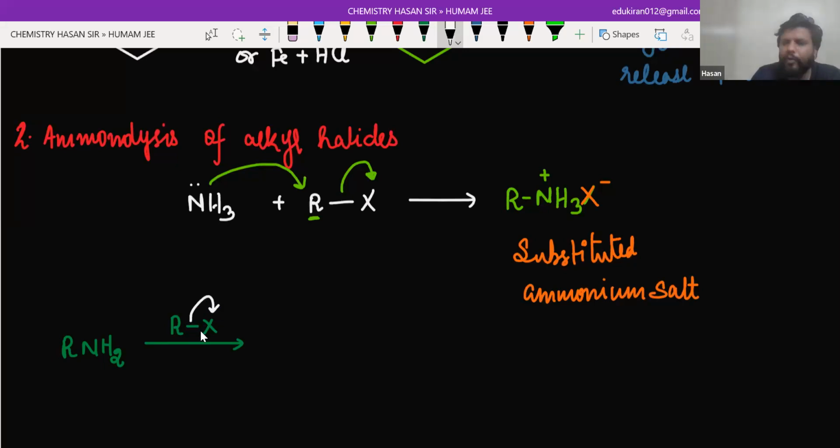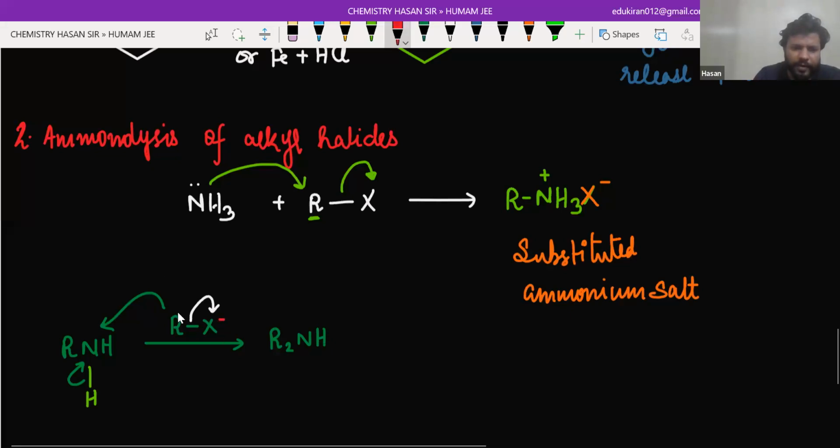X negative will go, and here hydrogen is there, which will be going like this. So it becomes R2NH. X is the leaving group, R becomes positive. There is negative, there is positive, so opposite charges attract each other, so it becomes this.